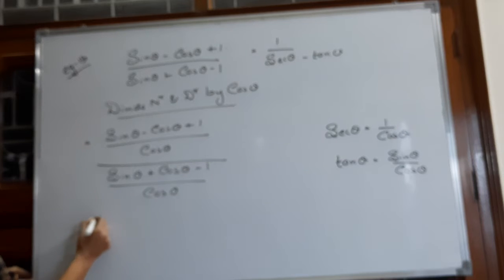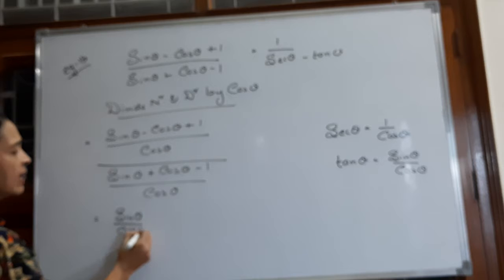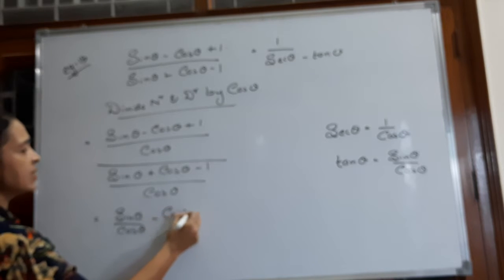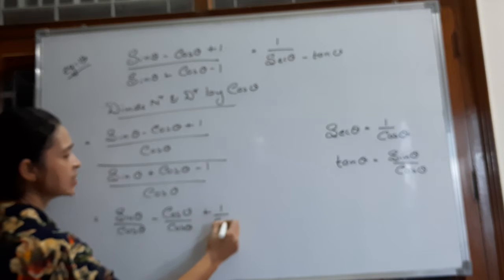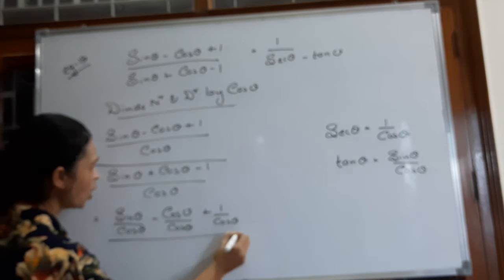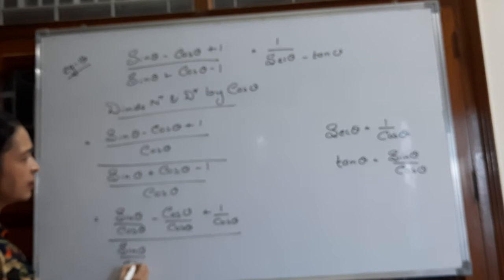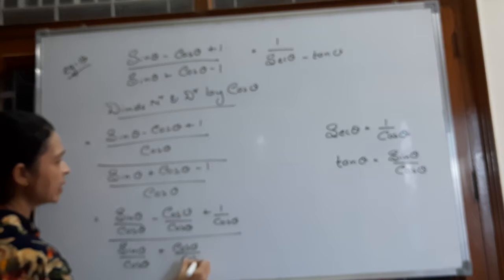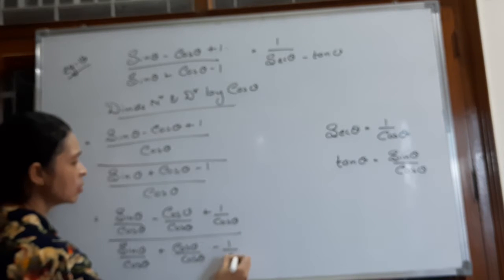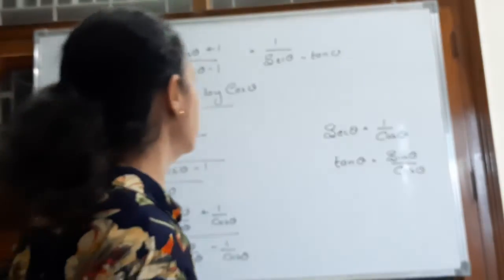We will separate it and write it as sin theta upon cos theta minus cos theta upon cos theta plus 1 upon cos theta, upon sin theta upon cos theta plus cos theta upon cos theta minus 1 upon cos theta. Got it? Now what will we do?